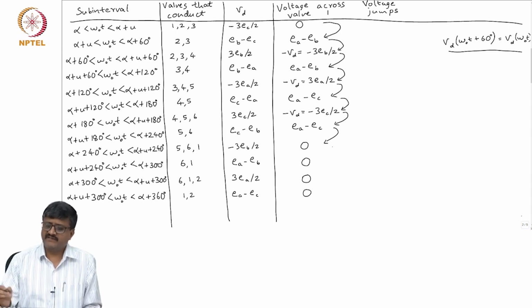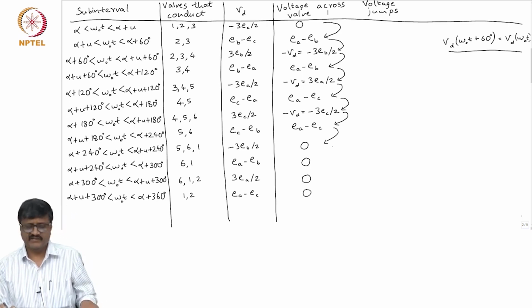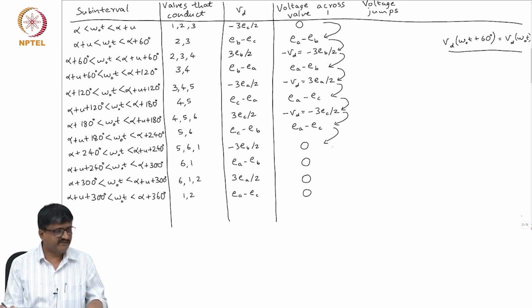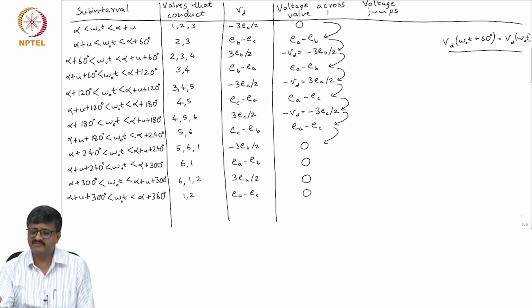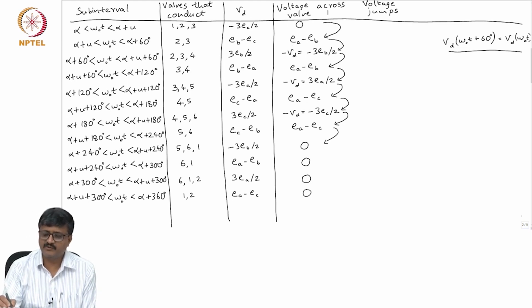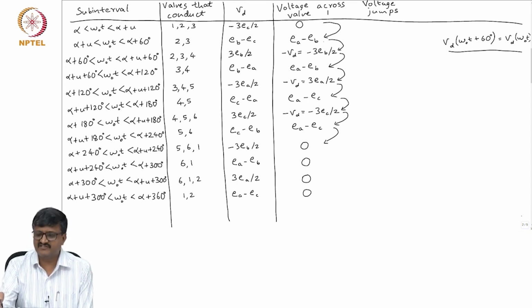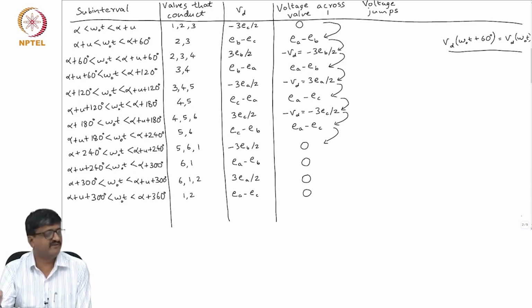Okay. So, let us try to get an expression. What I will do is I will not try to derive this expression for voltage jump. What you have to do is take the expression for E A minus E B and substitute for omega o T what value? First jump. The first jump is at the end of the first subinterval. So, alpha plus u.